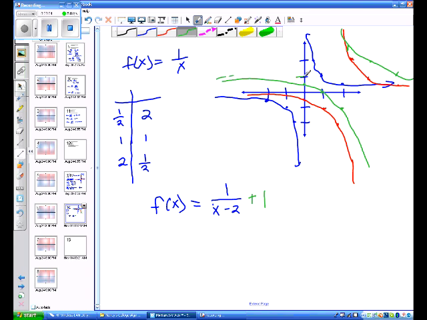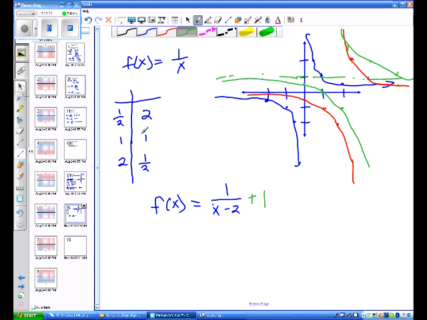And we would have our horizontal asymptote at y equals 1. And our vertical asymptote then would be at x equals 2. So it's doing the same type of transformations that we did before. You just have to know your parent function. So these are the points that we use.